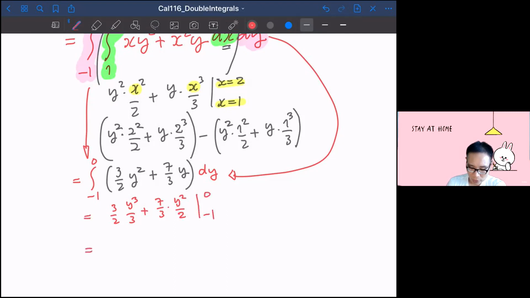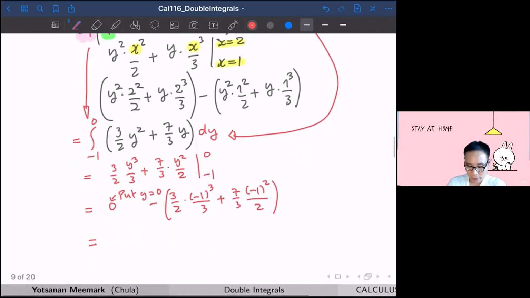And then when you plug in y equal to 0, you would get 0. So you get putting y equal to 0, subtract by putting y equal to negative 1. So it's going to be 3 half times negative 1 to the third over 3 plus 7 over 3 times negative 1 squared over 2. Okay, and you just calculate the numbers.